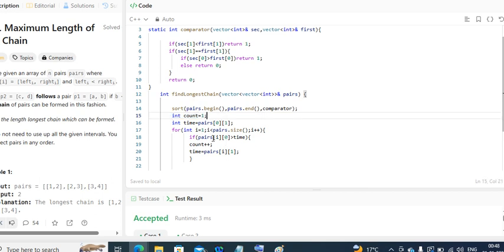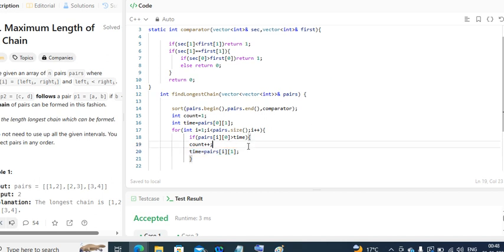Then I go on and compare. The ending time of my last added final answer is denoted by the variable time. So is my current start more than my last added element's ending time? If it is, then I would increase the count, and the ending time of the newly added element would become my time.